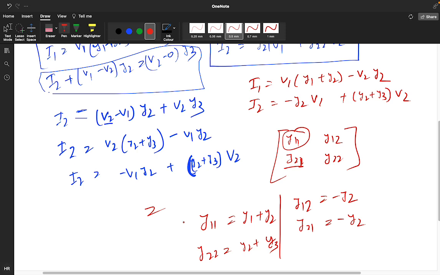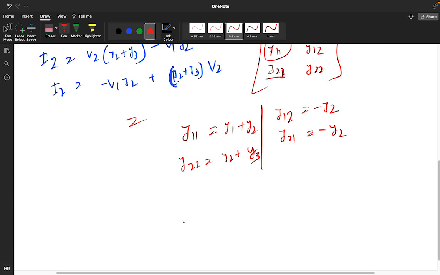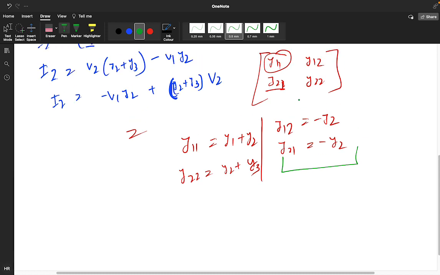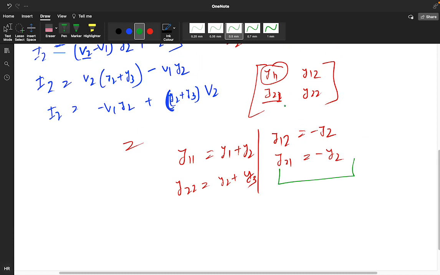Now can anyone say, is the network reciprocal? See this condition. For reciprocal, Y12 and Y21 need to match, and we are getting that they match. So every pi network is a reciprocal network, but it might or might not be symmetric.